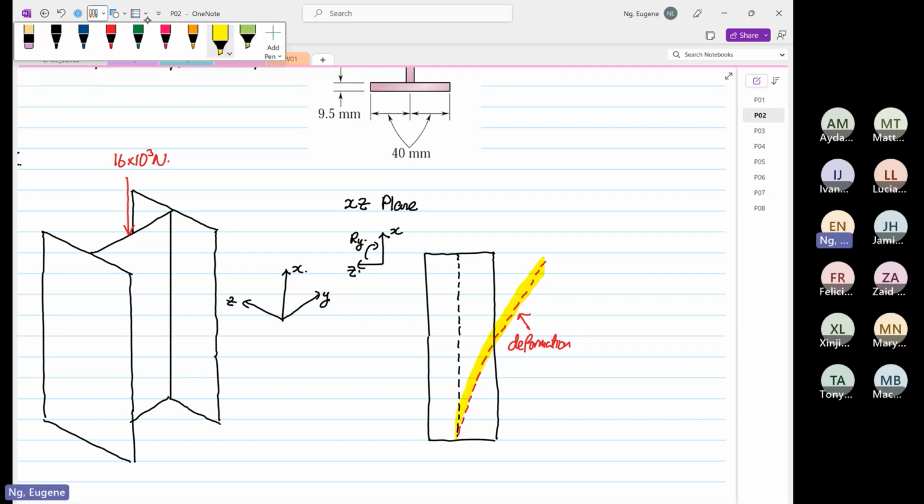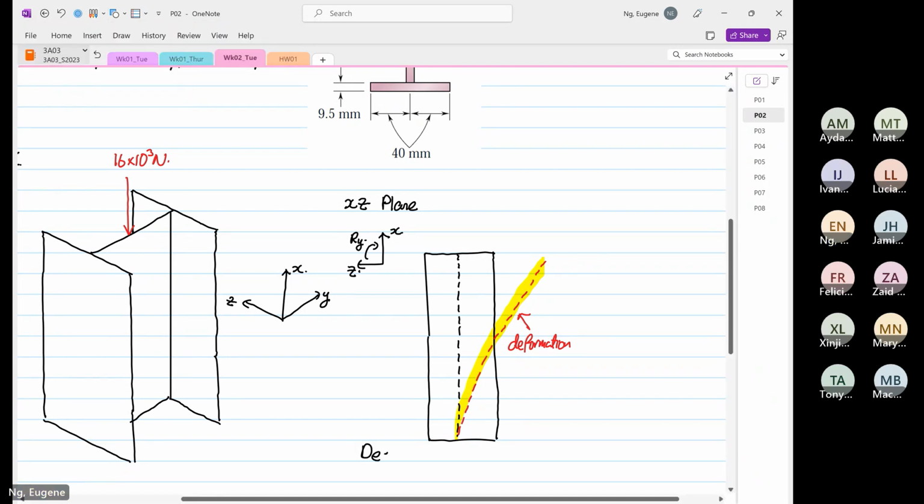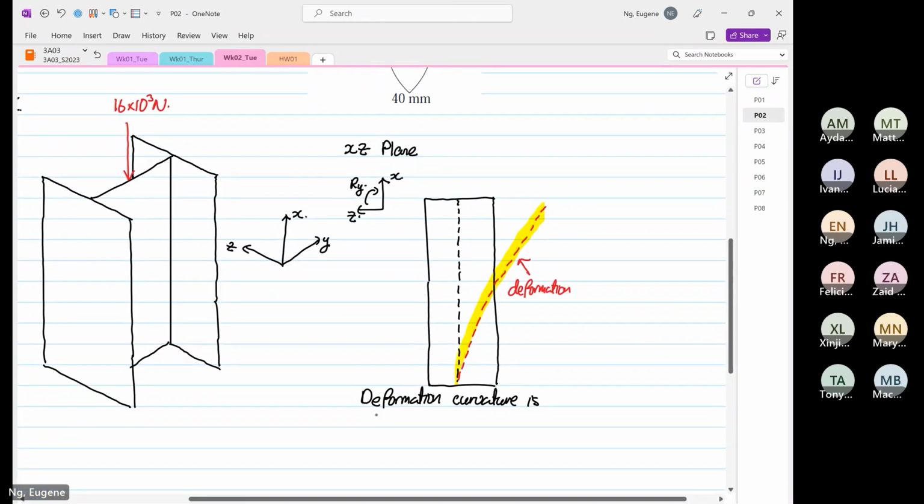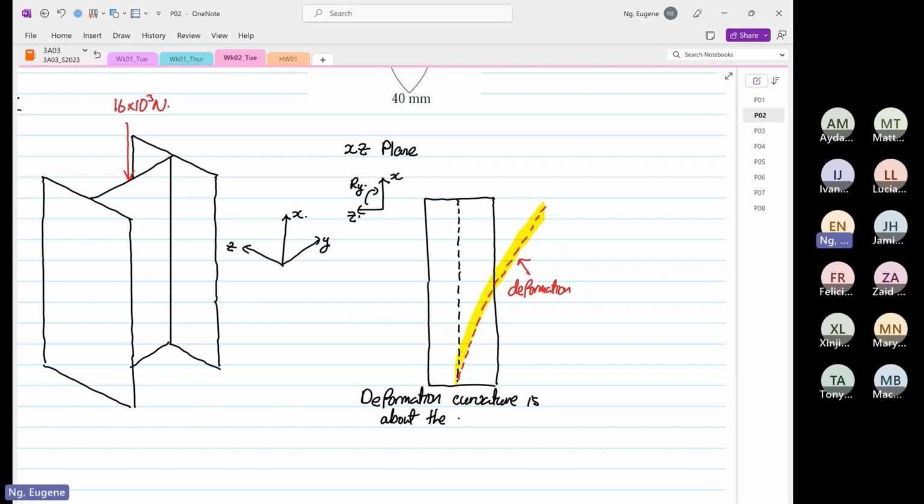Okay, so we can see that the deformation curvature is about the y-axis, right?